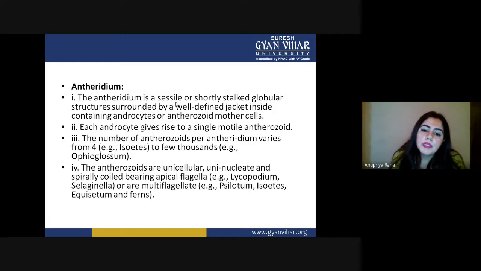Sometimes they can be multiflagellate, meaning multiple flagella are present, and sometimes they have just one single apical flagellum. That depends on the species. In Lycopodium and Selaginella they have just apical flagella. In Psilotum, Isoetes, Equisetum, and ferns they have multiple flagella. So that depends on the kind of species.